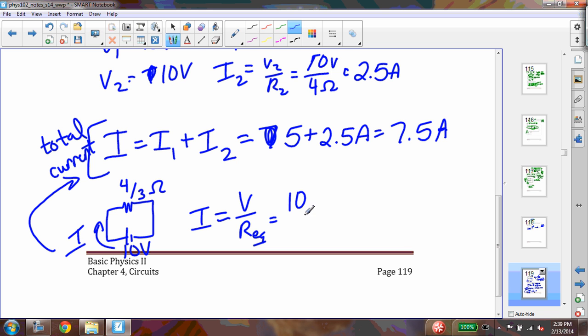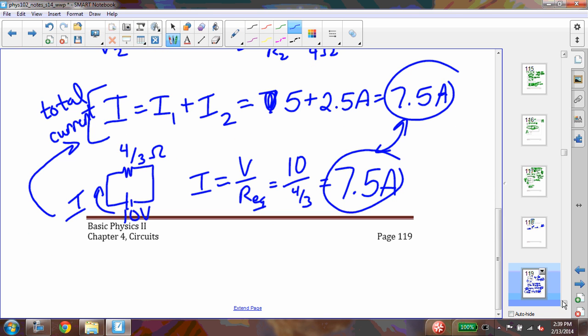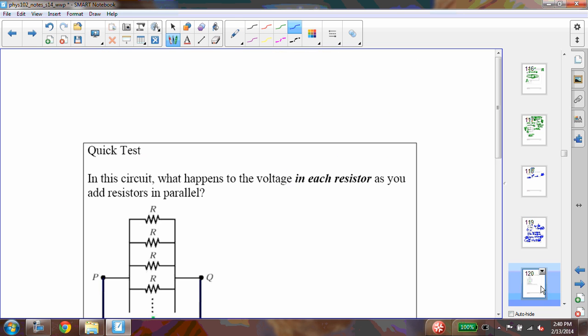And so that's 10 over 4/3. That's 30 over 4, which is 7.5. So notice here that these two are equal, as they should be, because it's just the total current in the circuit. That's a good, simple problem, but not unlike some that you might see on the test.